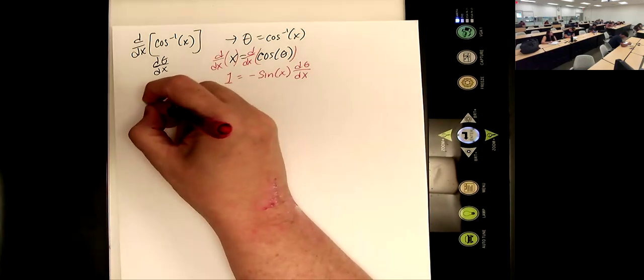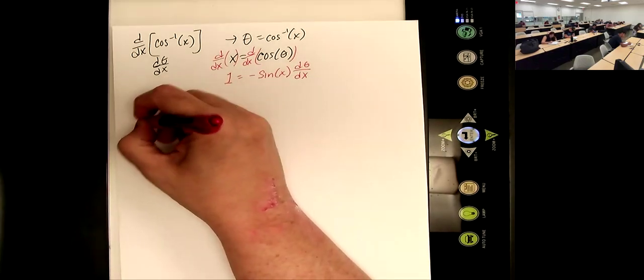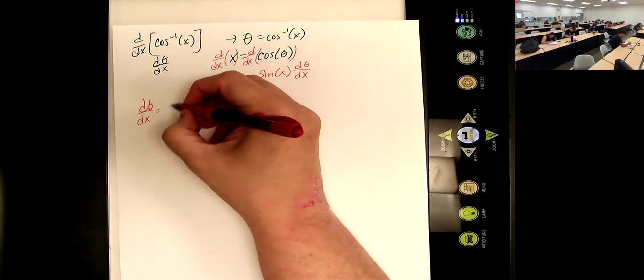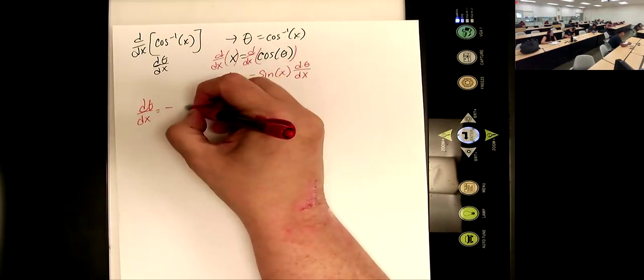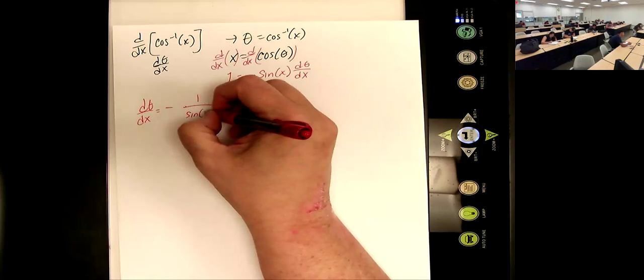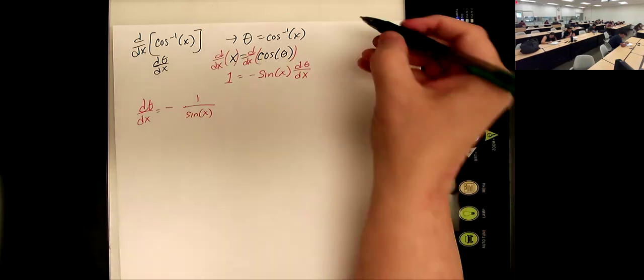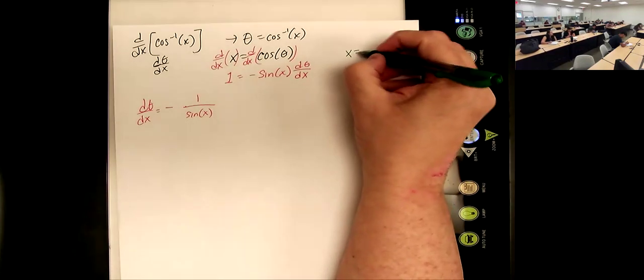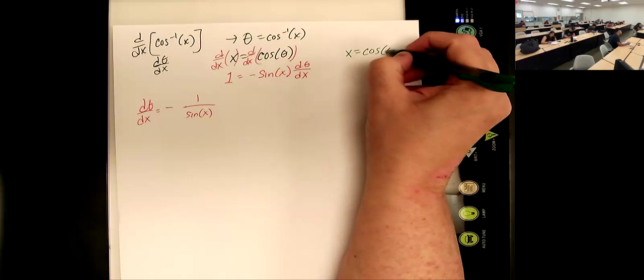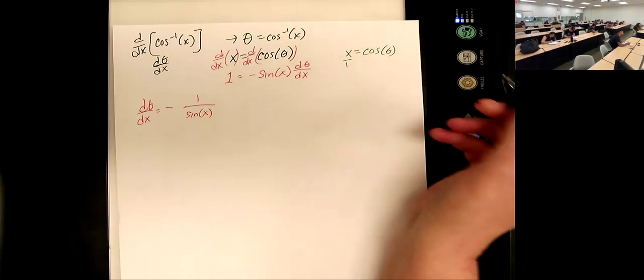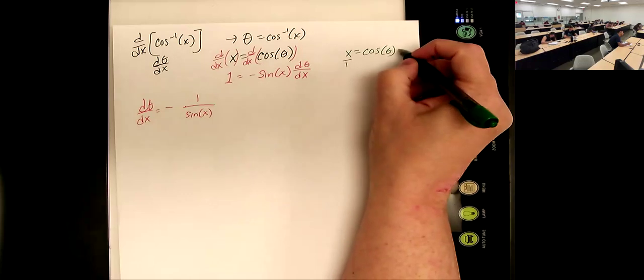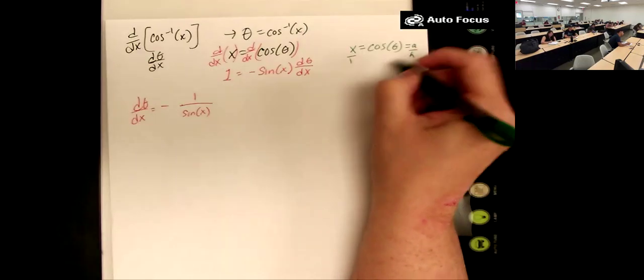And so d theta dx is negative 1 over sine theta. And now we make our triangle. We had x equals cosine theta, and that's x over 1, which is adjacent over hypotenuse.